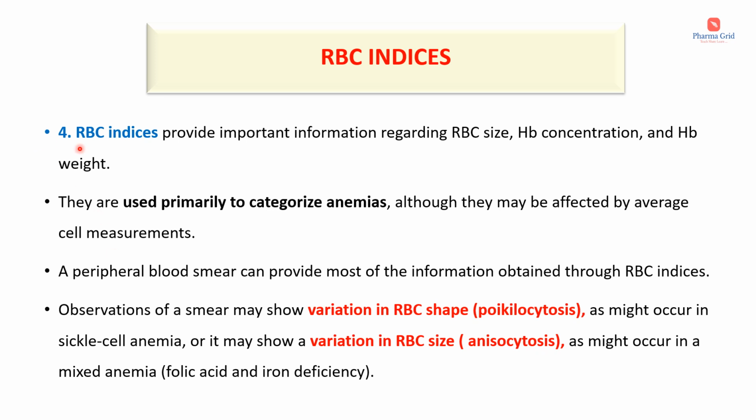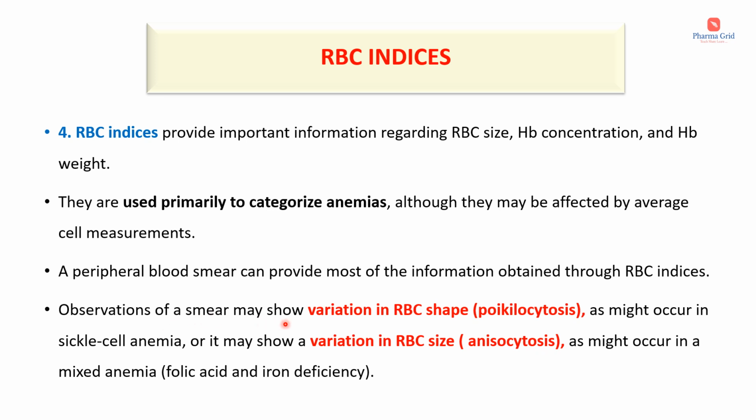Coming to RBC indices, these tests provide important information regarding the red blood cell size, hemoglobin concentration, and hemoglobin weight. They are used primarily to categorize anemias, although they may be affected by average cell measurements. A peripheral blood smear can provide most of the information obtained through RBC indices.